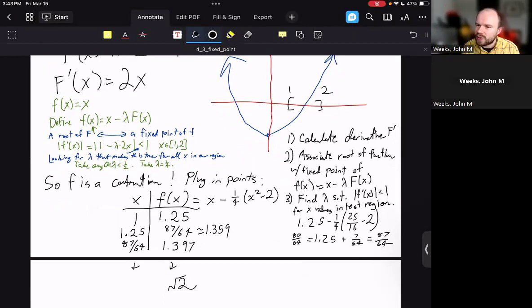So if I had chosen, okay, I know that this value is somewhere between 1.25 and 1.5, I could have made this process a little bit faster because I could have chosen my lambda to be a little bit larger. So that gives me this.